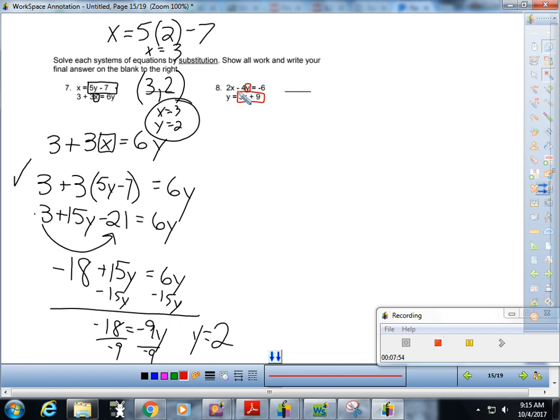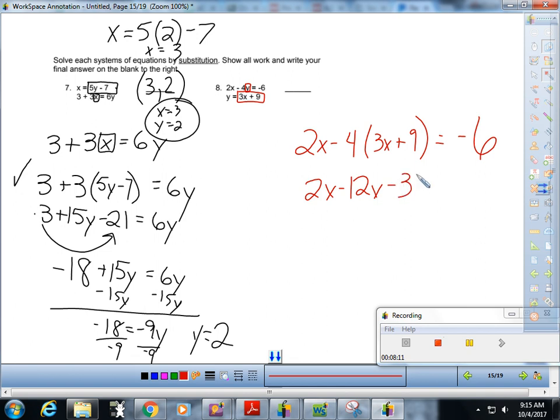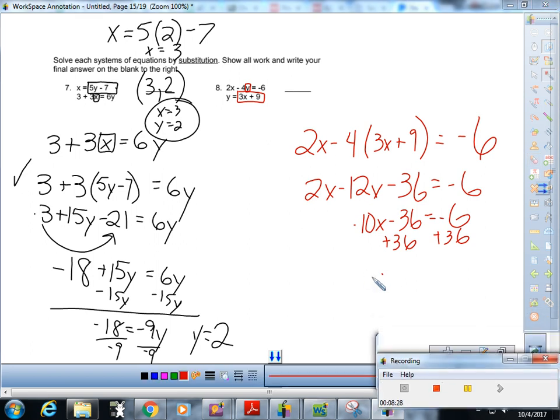I'm going to take out the y and I'm going to put in what y equals. 2x minus 4 times 3x plus 9 equals negative 6. 2x minus 12x is a negative 10x. Add 36 to both sides. You get negative 10x equals 30.